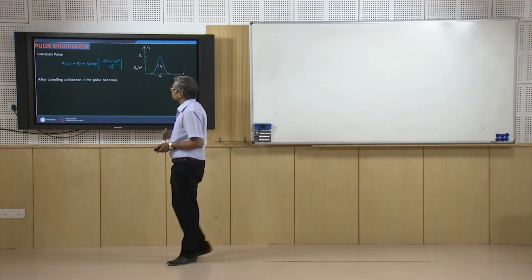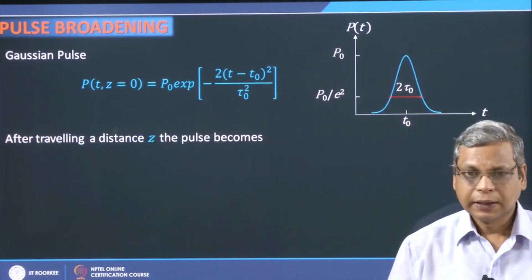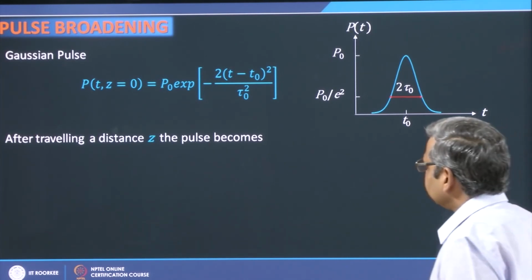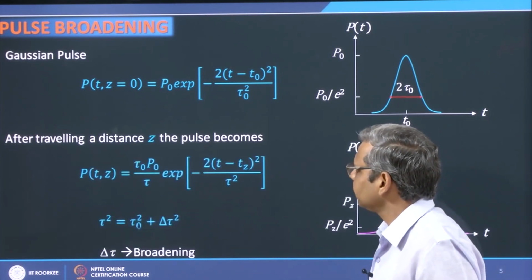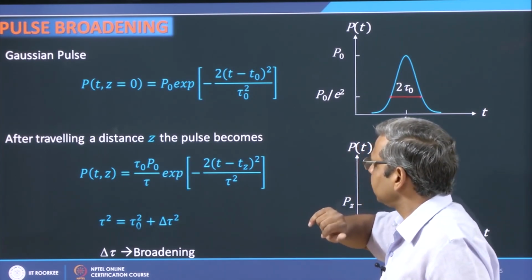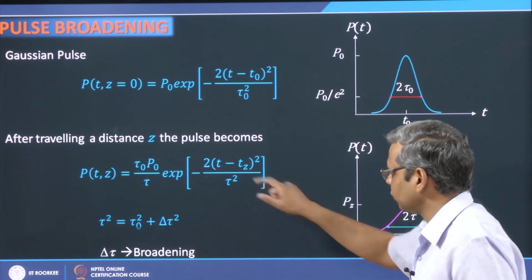If this pulse is traveling, if I let it travel, then at distance z the pulse becomes this, its amplitude changes and also its width changes and position also.